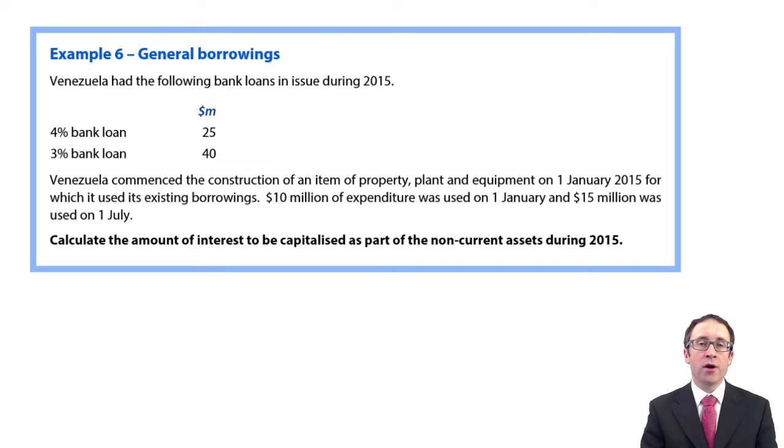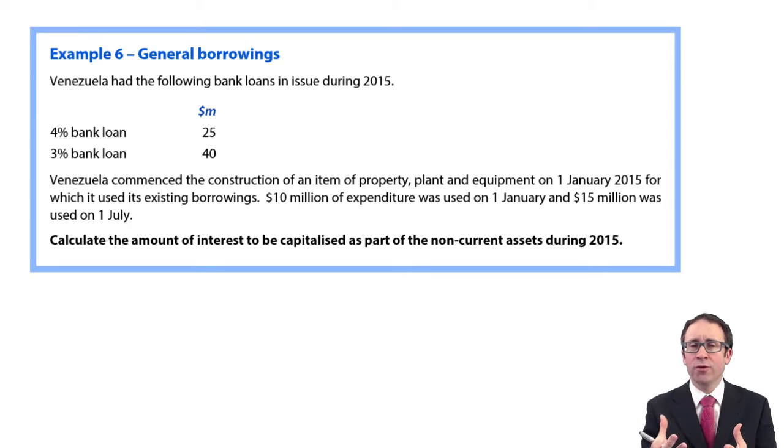So we've looked at the rules for borrowing cost. We've worked an example under your specific borrowings. Now what happens if we have general borrowings? You have a central treasury department within your company. That treasury department raises the best possible finance for the business.